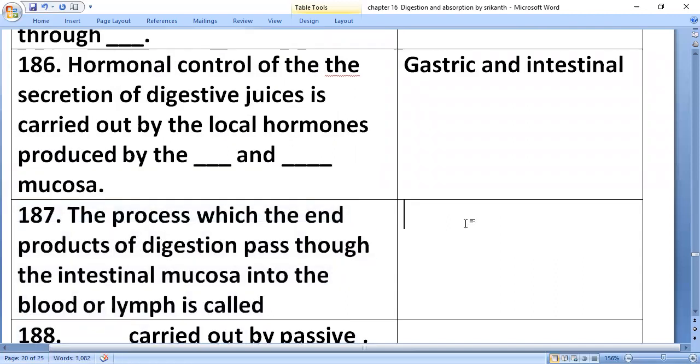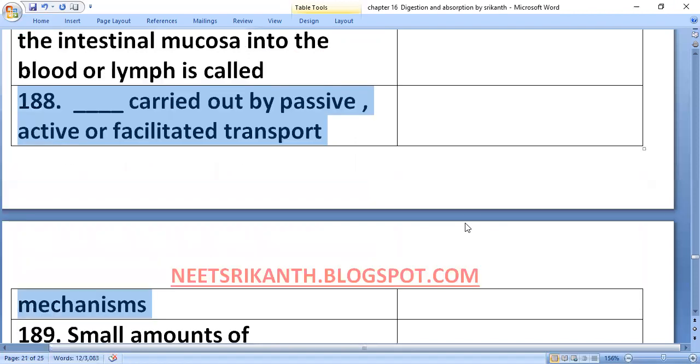The process by which the end products of digestion pass through the intestinal mucosa into the blood or lymph is called absorption. Absorption is carried out by passive, active, or facilitated transport mechanisms.